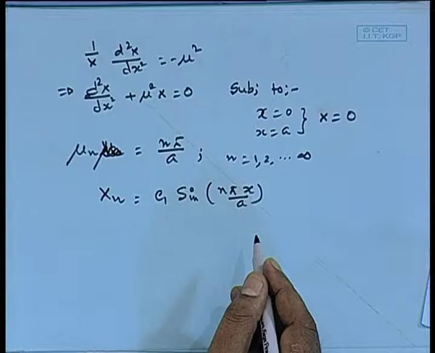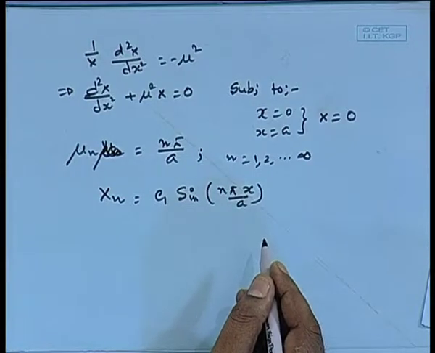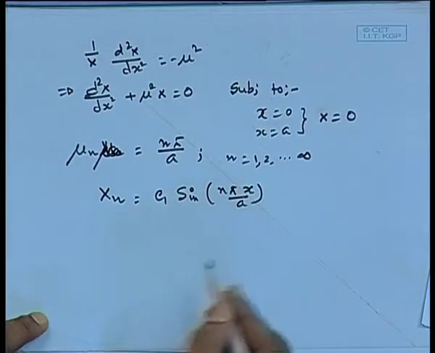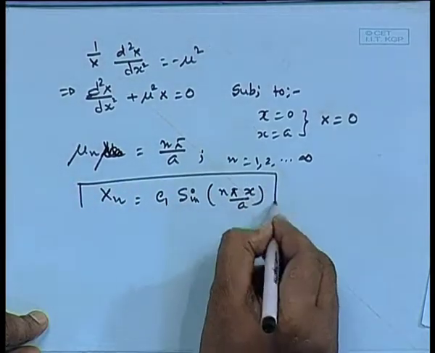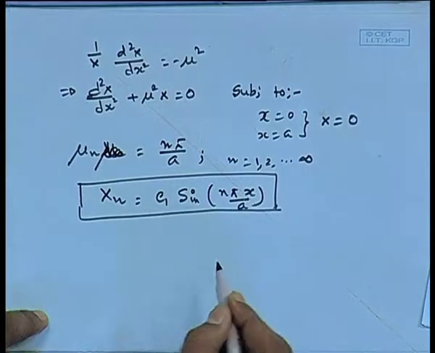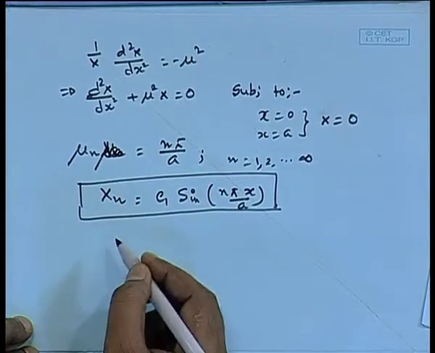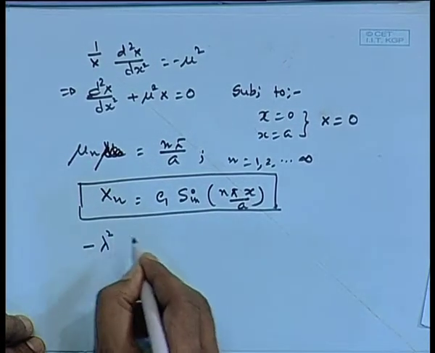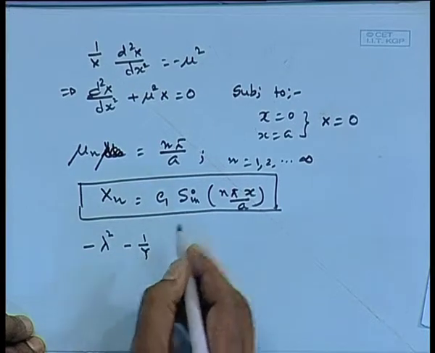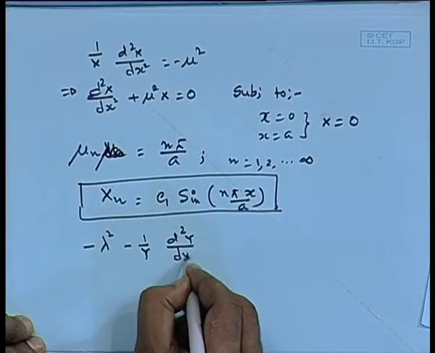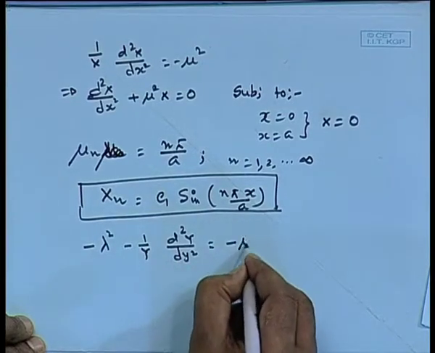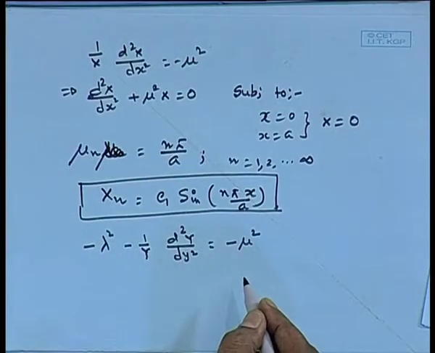Now, let us look into the y varying part. This is the solution of the x varying part. In the y varying part, the equation was minus lambda square minus 1 over y d square y dy square is equal to minus mu square.